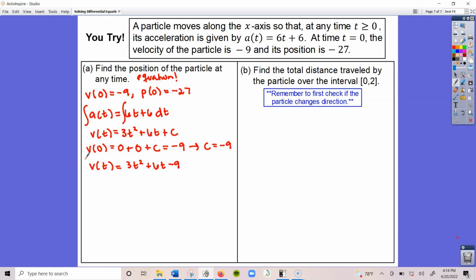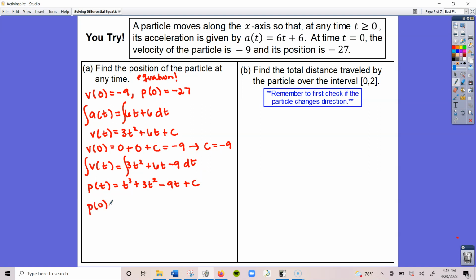Now to get position, we're going to integrate one more time. The integral of velocity is the position function, and that's going to equal 3t squared over 3, which will be 3t to the third over 3, which would be t to the third, plus 6t squared over 2 would be 3t squared, minus 9t, and then plus c. Now we have to plug in the initial condition.